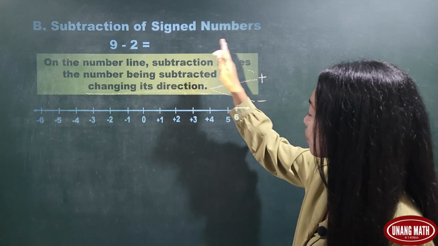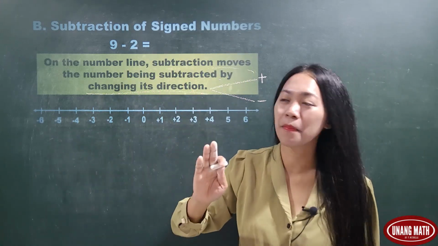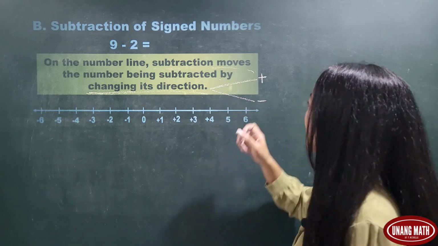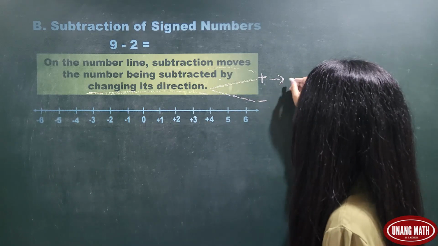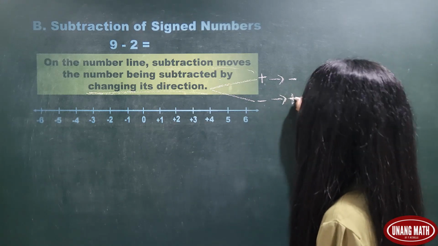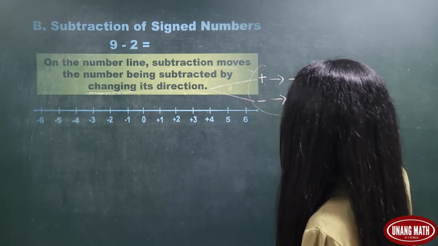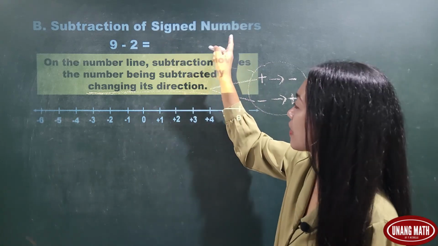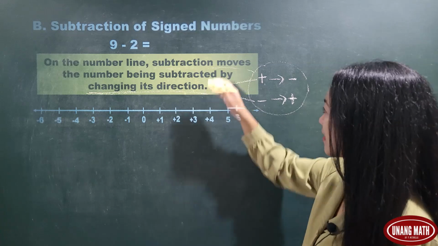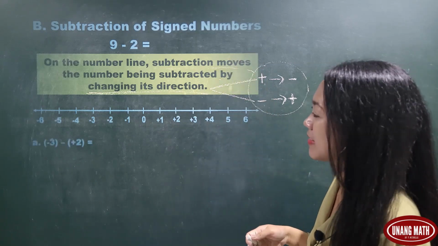Changing its direction means positive becomes negative, negative becomes positive. This is the meaning of subtraction of signed numbers on the number line. Let's give an example for you to understand this.